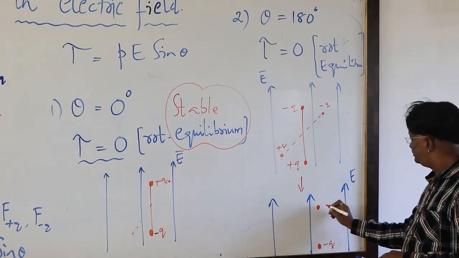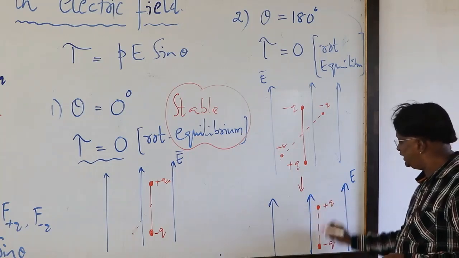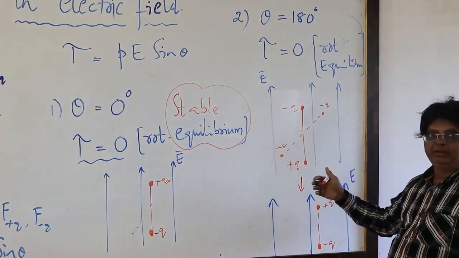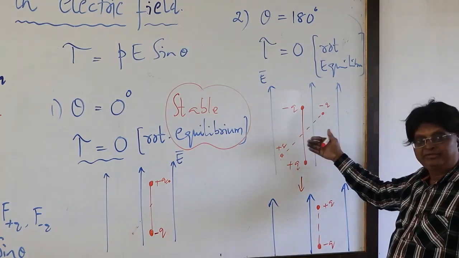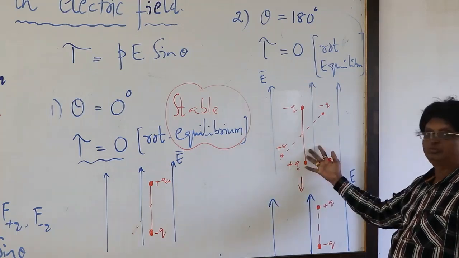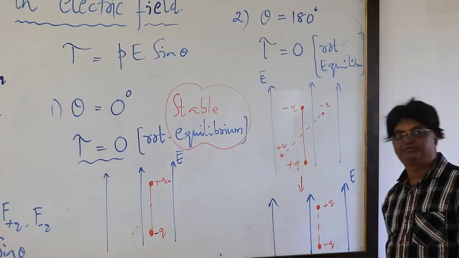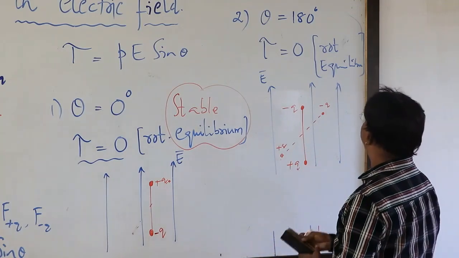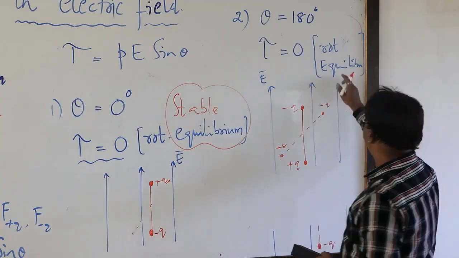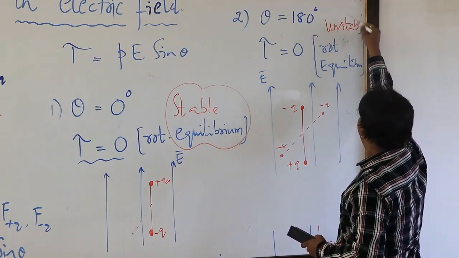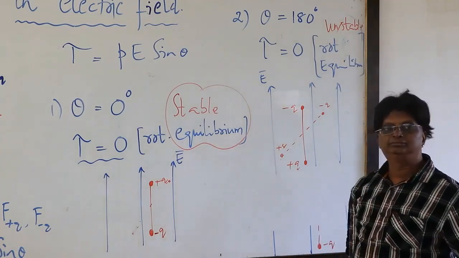Minus q and plus q alignment will come like this. What does it mean? A disturbance of the equilibrium, it is not regained. There the equilibrium is regained. No question of regaining. Therefore, it is the case of unstable equilibrium. Therefore, for theta is equal to 180 degrees, the equilibrium is, I do mention here, unstable equilibrium.